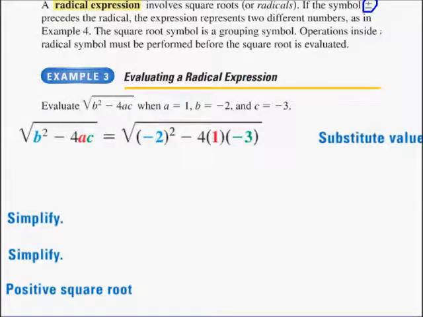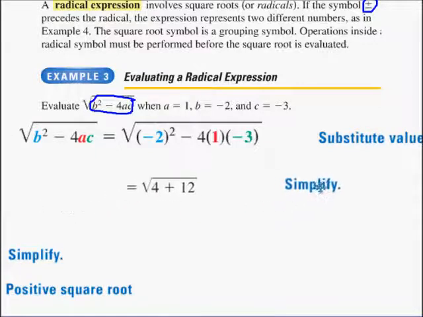Now, as they said, the expression underneath could be thought of as being in parentheses. So we're going to go ahead and solve that first. I need to simplify. I can simplify the multiplication here, and I can simplify the exponents.